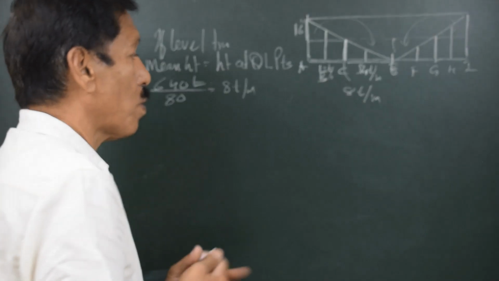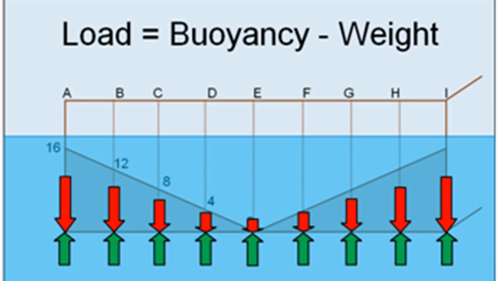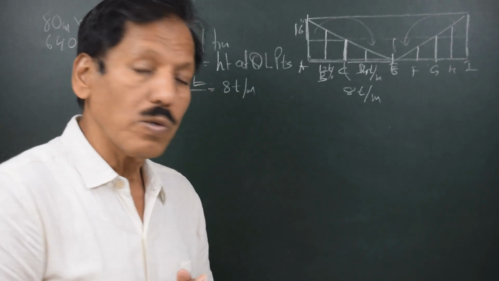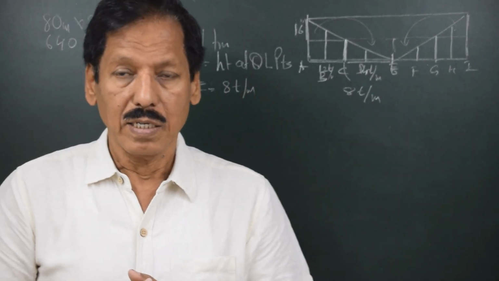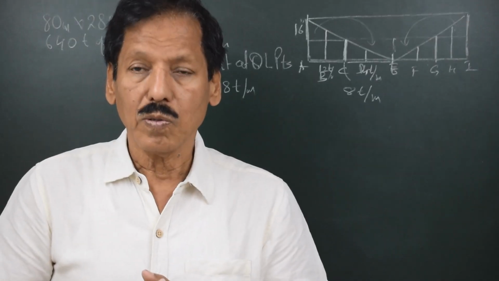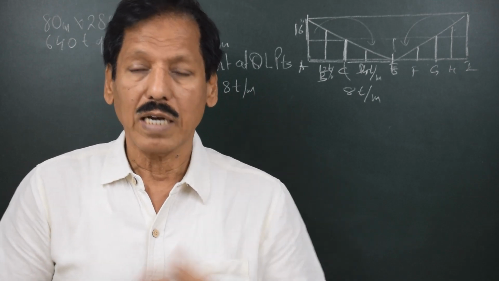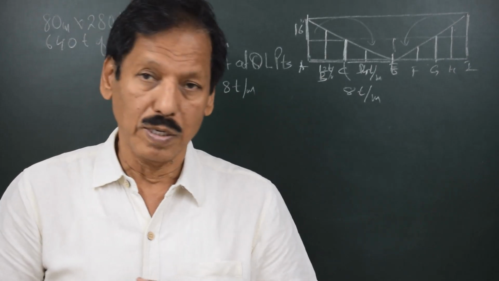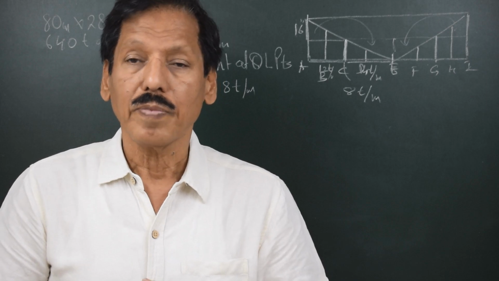Now we're going to draw the graph, and before that we're going to find out the load at these points. Load, as I told you, is the buoyancy minus the weight at any given point. It is like I tell the boys: suppose your salary is 10,000 rupees and you are spending 12,000 rupees, then 2,000 rupees is the load per month on your family.